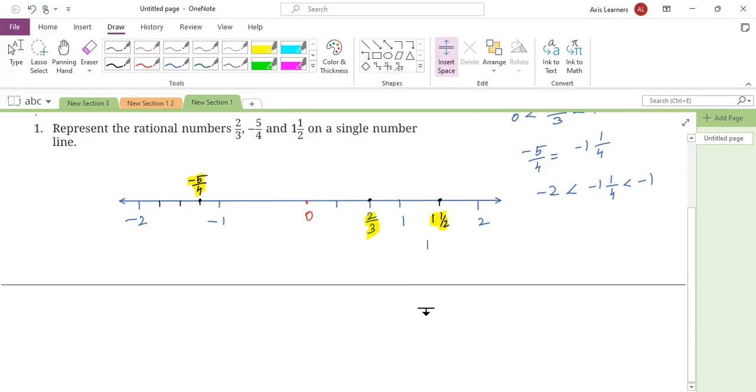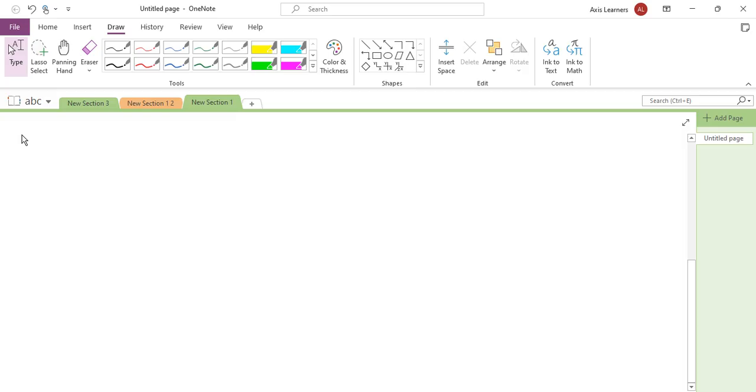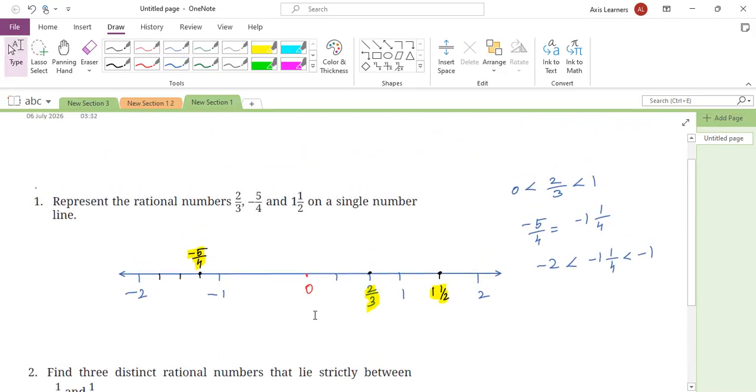See here, find three distinct rational numbers that lie strictly between minus 1 by 2 and 1 by 4. Look at here, just now we completed the first question. In between two numbers we can find so many numbers. It is there in the concept.